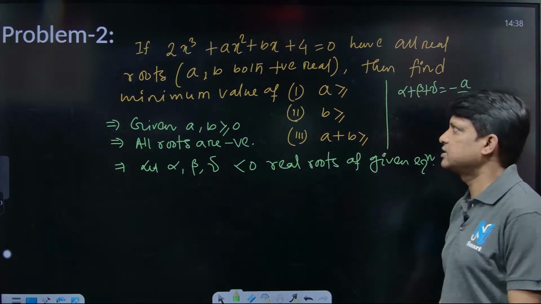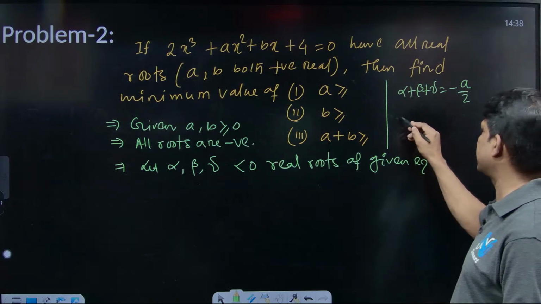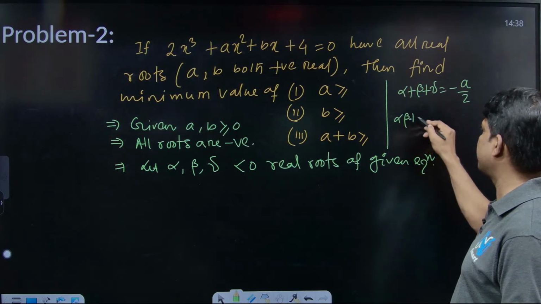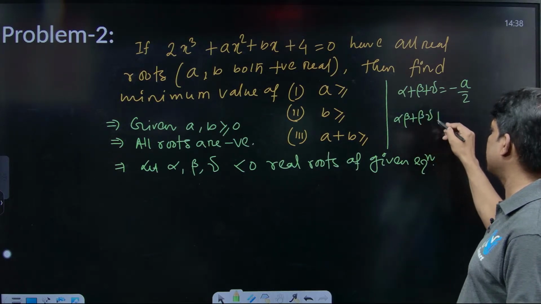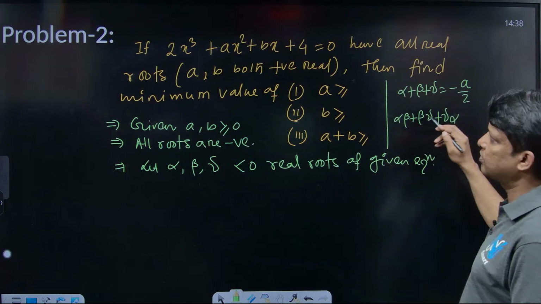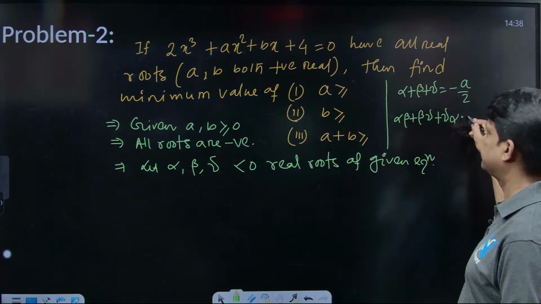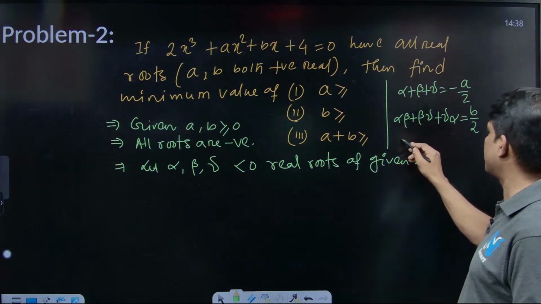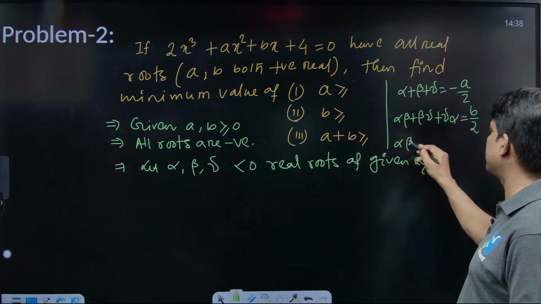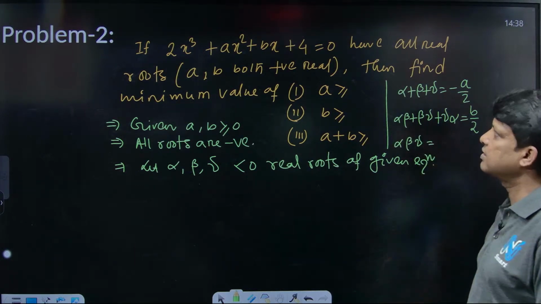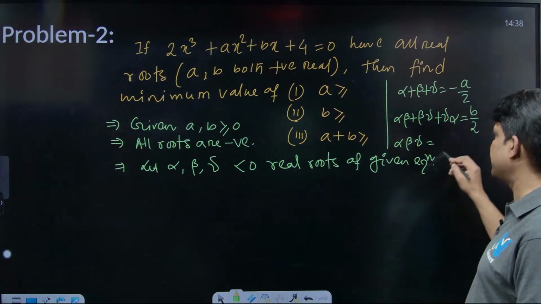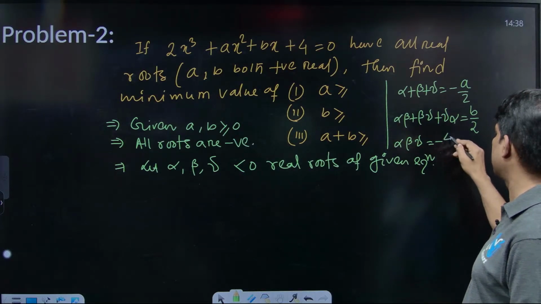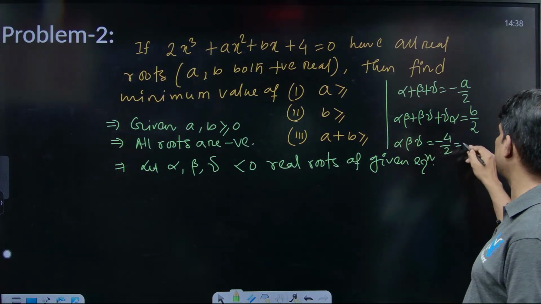The sum of the products of roots taken 2 at a time, alpha beta plus beta gamma plus gamma alpha, is equal to b by 2, the coefficient of x by the coefficient of x cube. And the product of the roots, alpha beta gamma, is minus d by 2, which means minus 4 by 2, equal to minus 2.